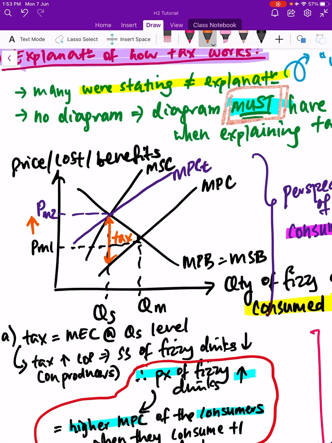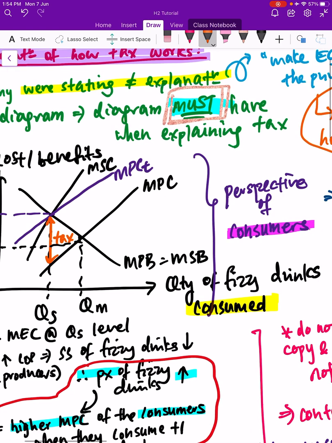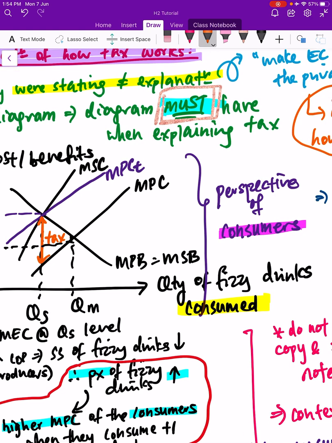We already went through the case study and we know that the whole issue is about the fizzy drinks being consumed, contributing to the diabetes and the obesity issue, right? So when we are drawing this diagram, we must, number one, take note whose perspective we are looking from. It must be from the perspective of the consumers, which I already highlighted over here.